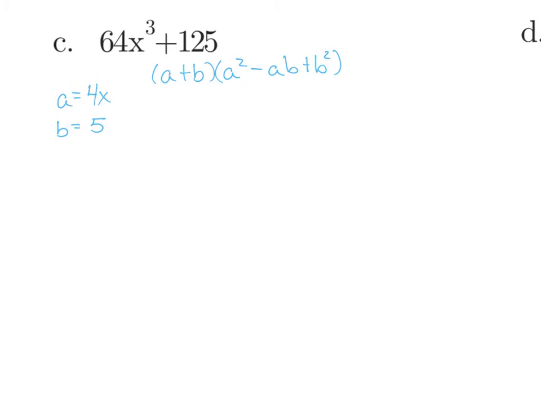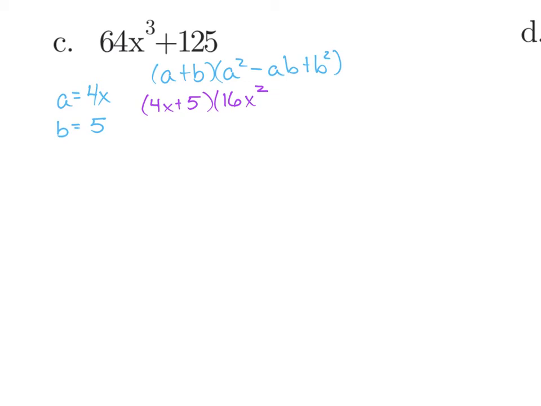Let's go ahead and plug these into our formula now. We get a plus b. This is going to be 4x plus 5. If we were to square a, we want to make sure that we square everything. So what is 4 squared? 16. And x squared is x squared.